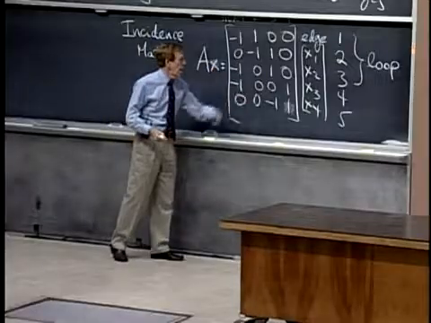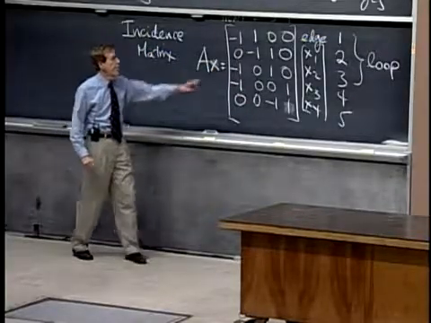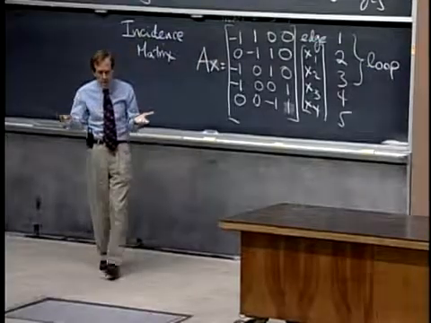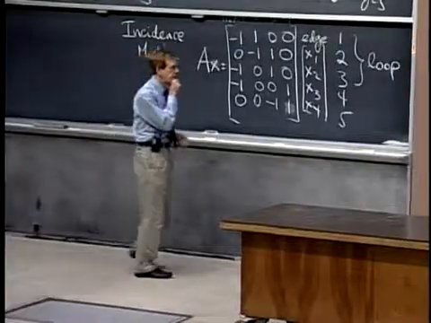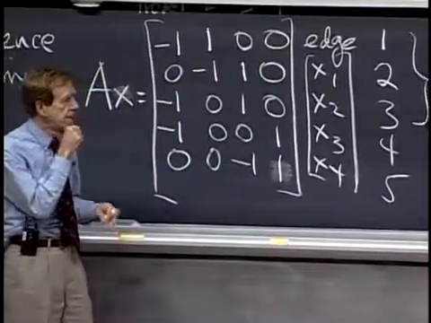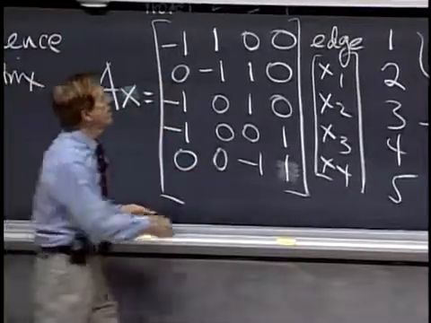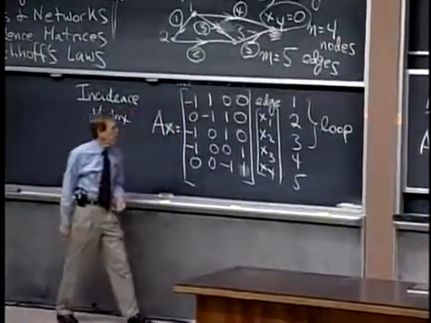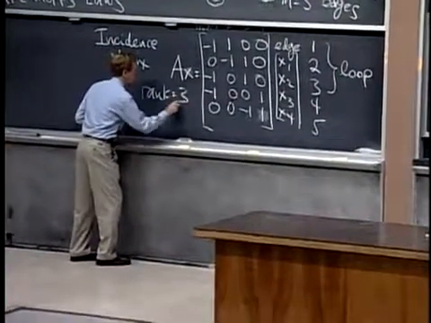And the first 3 columns, or actually any 3 columns, will be independent. Any 3 potentials are independent good variables. The 4th potential is not, we need to set it, and typically we ground that node. Okay, rank is 3. Rank equals 3.